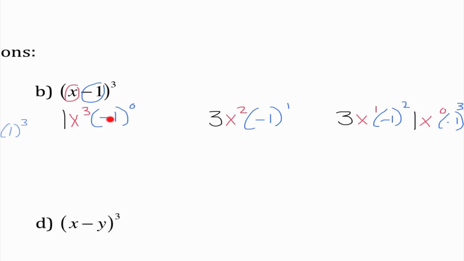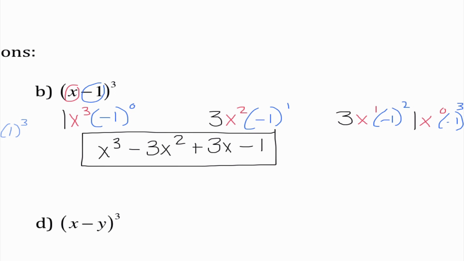So I have 1 times x cubed times 1, which is x cubed. 3 times x squared times negative 1 is negative 3x squared. 3 times x times 1 is 3x. 1 times negative 1 is negative 1.